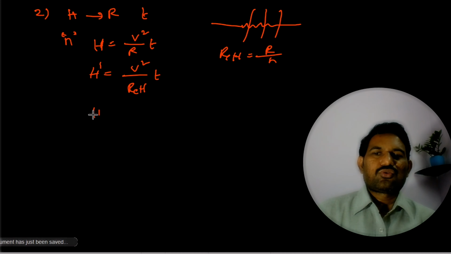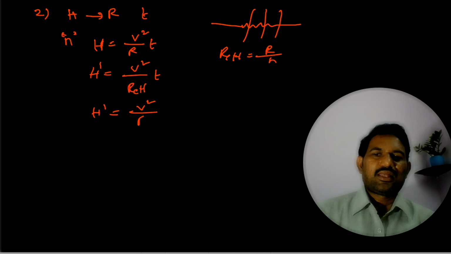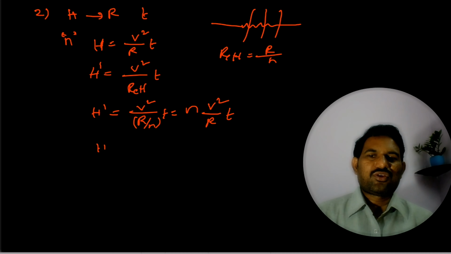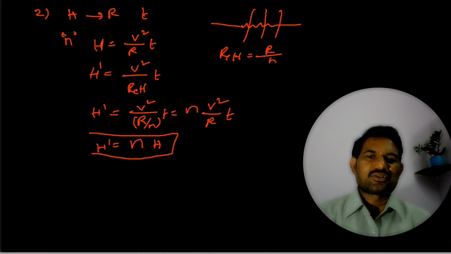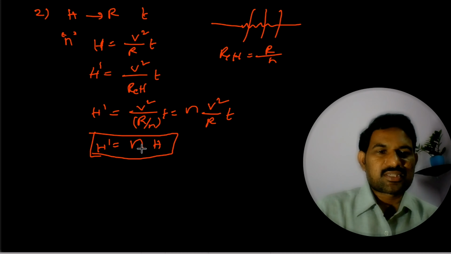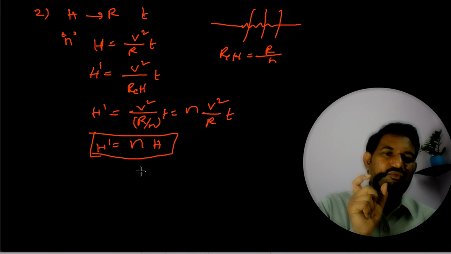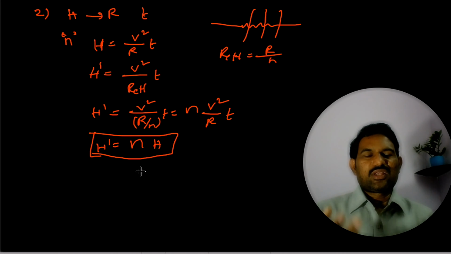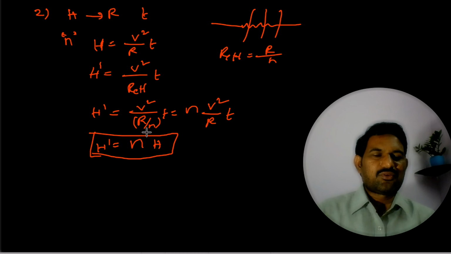Therefore this amount of heat produced we can write as V square by R by N into T, and so this is N into V square by R into T. Therefore this amount of heat produced is N times that of the heat produced in the original resistor, if you take one piece of that resistor after dividing it into N parts.